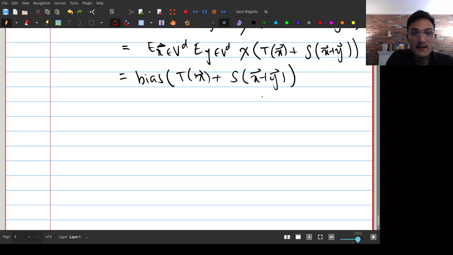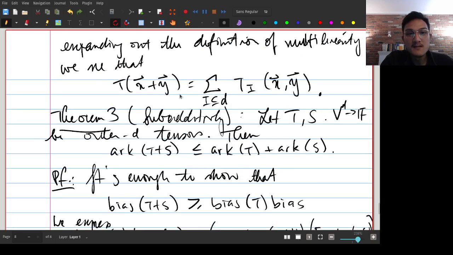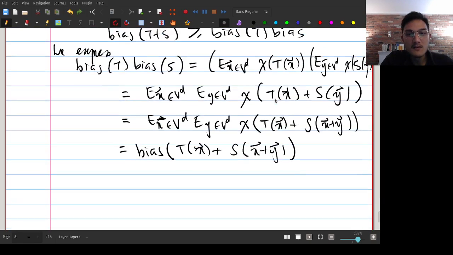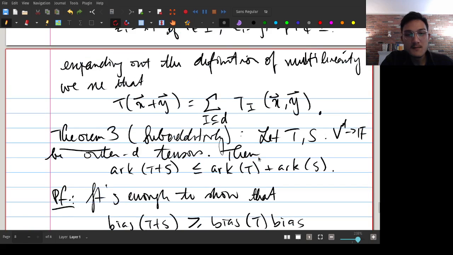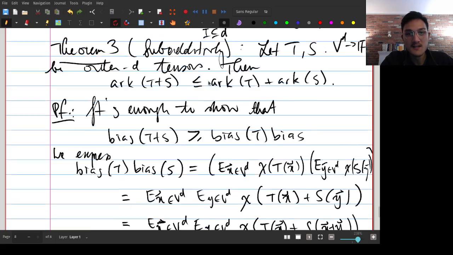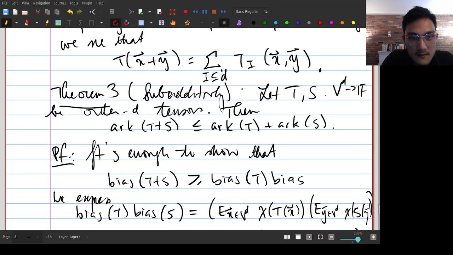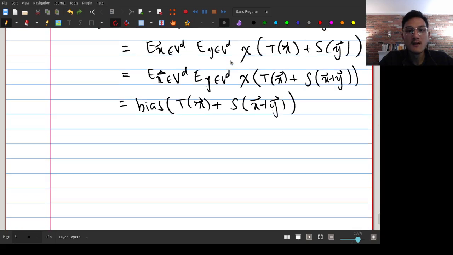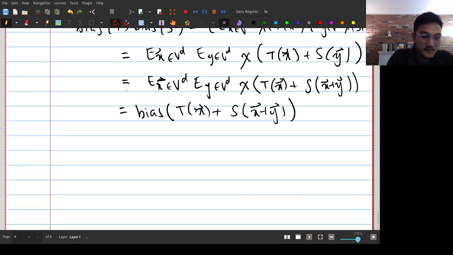So now, by the earlier decomposition, S of a sum splits up into this sum over all subsets I of D, of S_I.